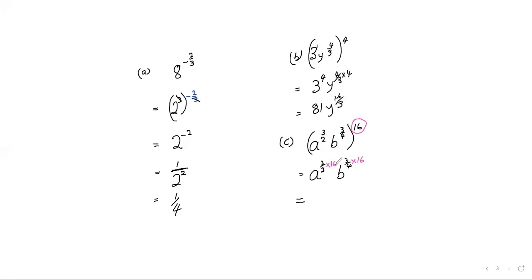3/2 times 16 gives 3 times 8, and 3/4 times 16 gives 3 times 4. That gives us a to the 24, b to the 12.